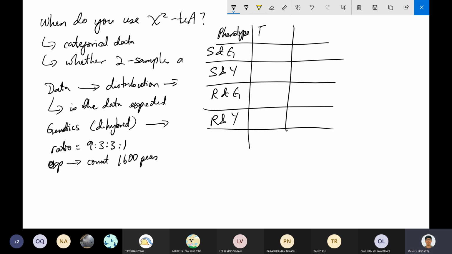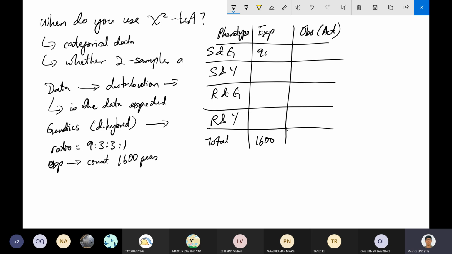Okay, so you have your expected counts versus your observed. Your observed means your actual. So based on Mendelian genetics, you expect a 9:3:3:1 ratio. If we count a total of 1,600, what expected do I have there?